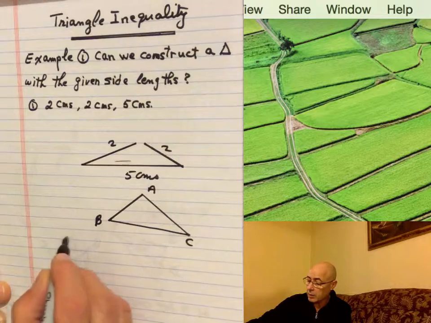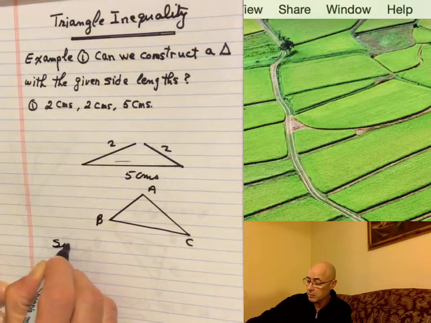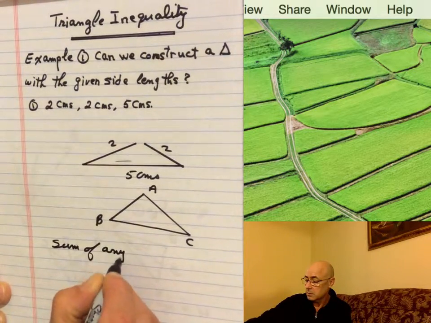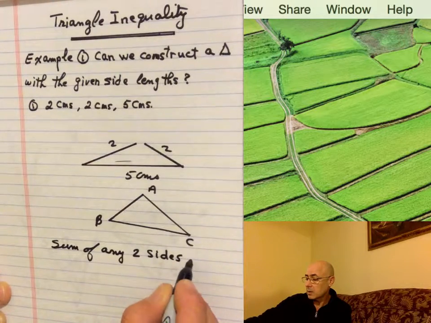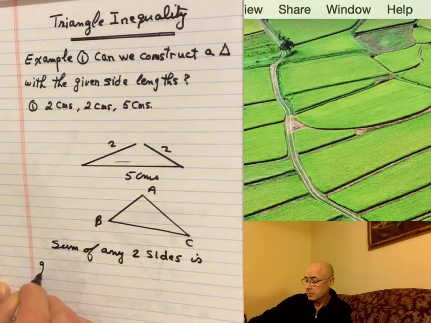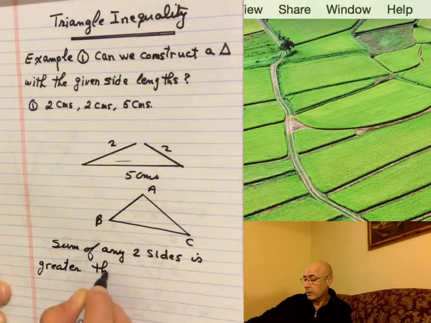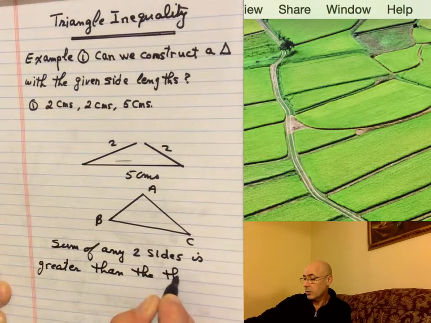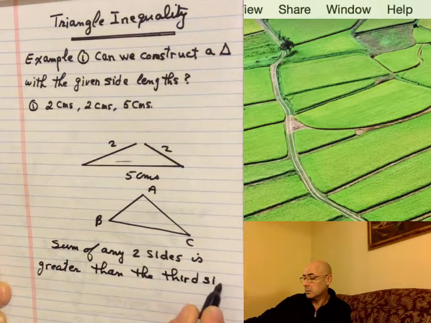So the triangle inequality states that the sum of any two sides is greater than the third side.